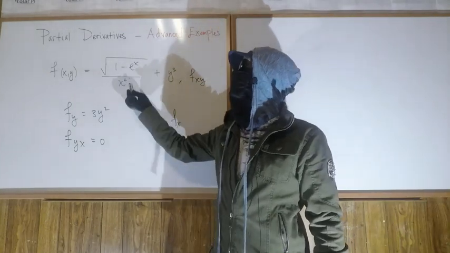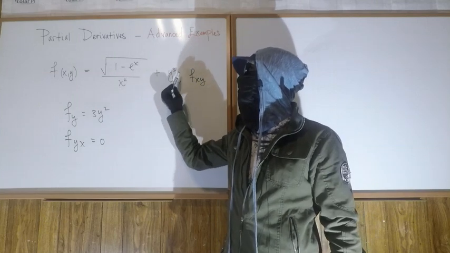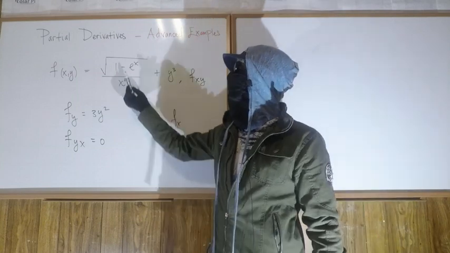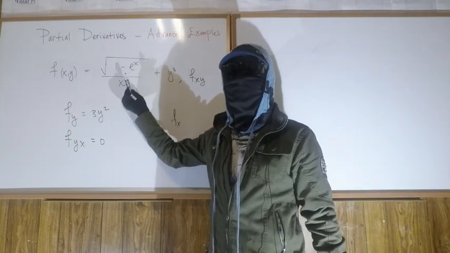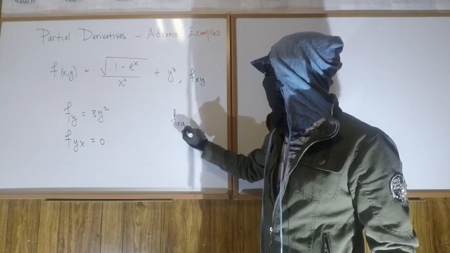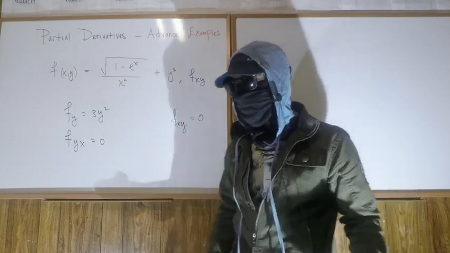As I said, you have to do quotient rule here, but when you're doing it with respect to x, this is a constant, so this goes away. But then you have to follow f_x with y. After doing quotient rule on this, all you're going to get is a bunch of stuff that has x's in it. So when you follow it with f_xy, then you're going to get 0. That should be easy enough to see, yeah?